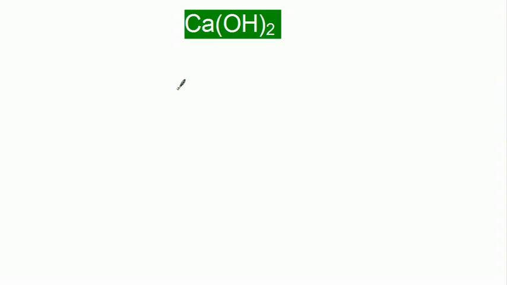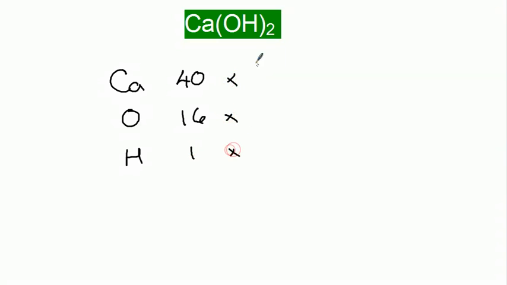Calcium hydroxide then. We have calcium, we have oxygen, and we have hydrogen. Now, we've got the calcium there, so we know that I've only got one of them. The atomic mass of calcium is 40, oxygen 16, and hydrogen 1. Complication here. We've got brackets. There's a little 2 over there. All this means is it's 2 of everything inside of the brackets.